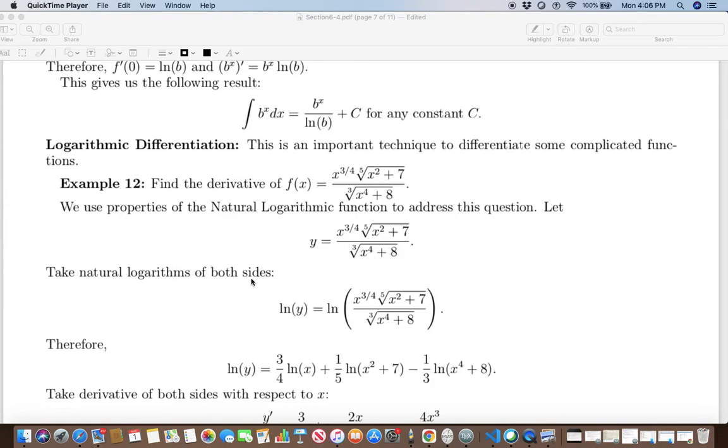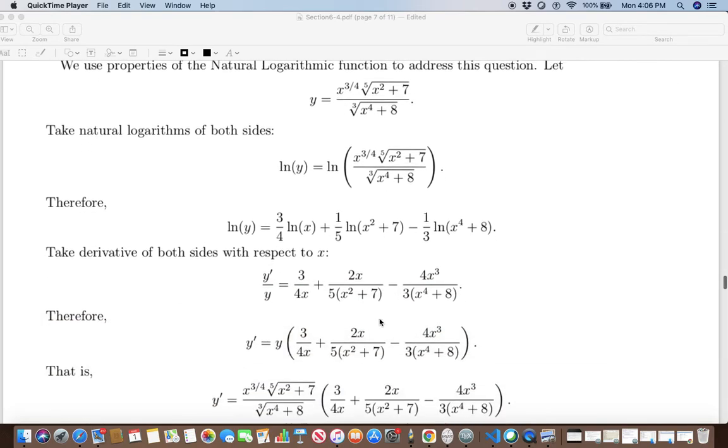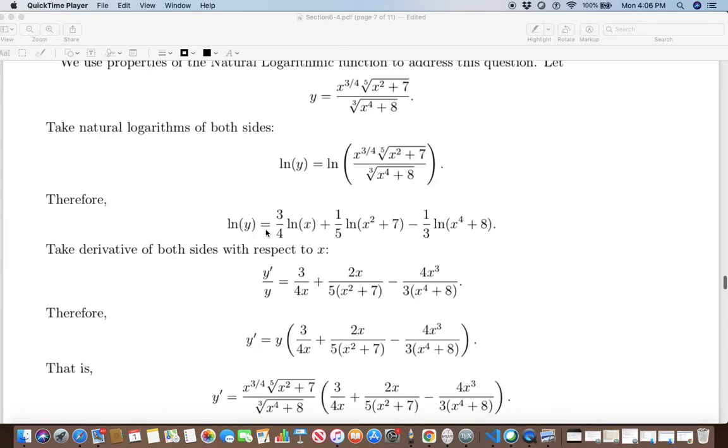Take natural logarithms of both sides. Natural log of y is natural log of this entire expression. Now you can use properties of natural log. Natural log of the top minus natural log of the bottom, and then the exponent starts coming out.